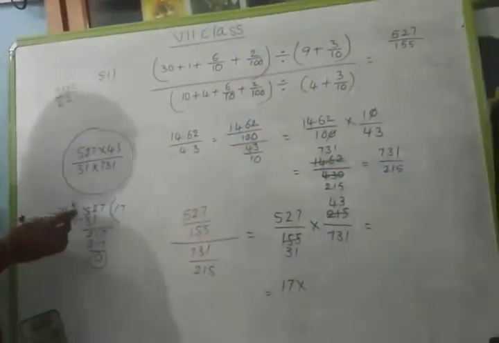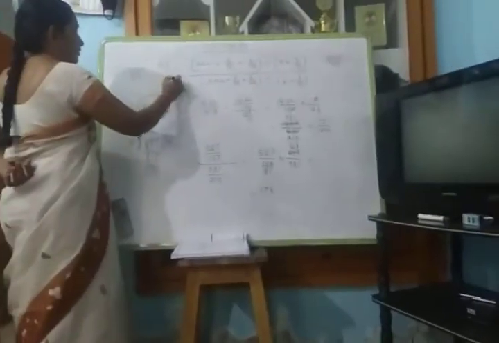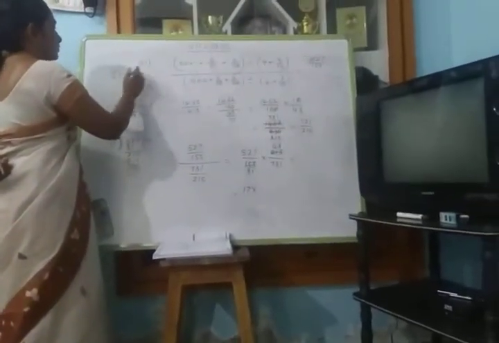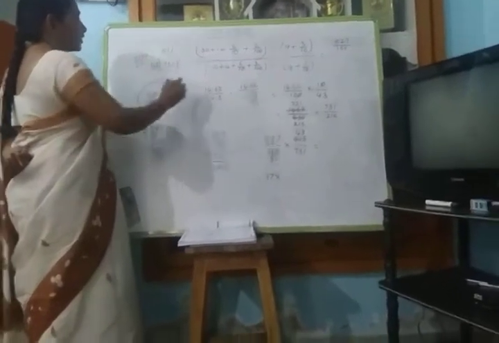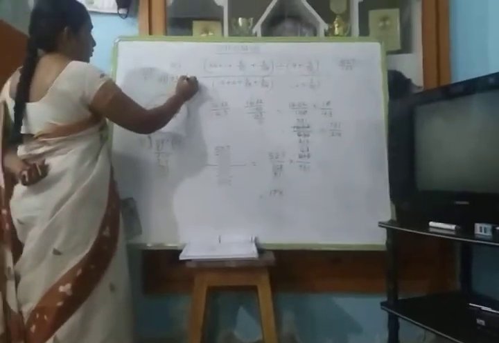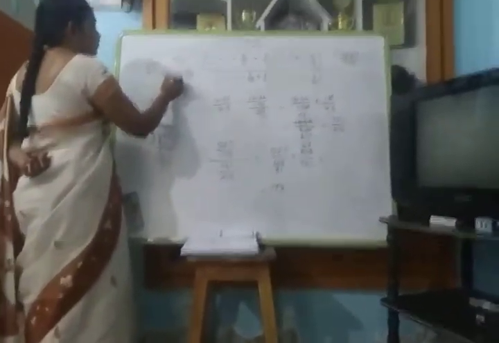If you divide 731 with 43, what will you get? 2 times is more, 2 threes are 6, 2 fours are 8 more.